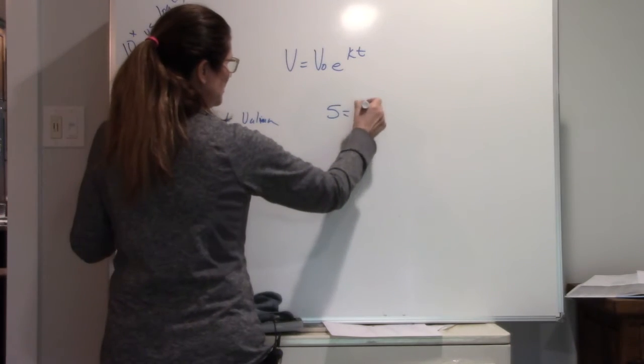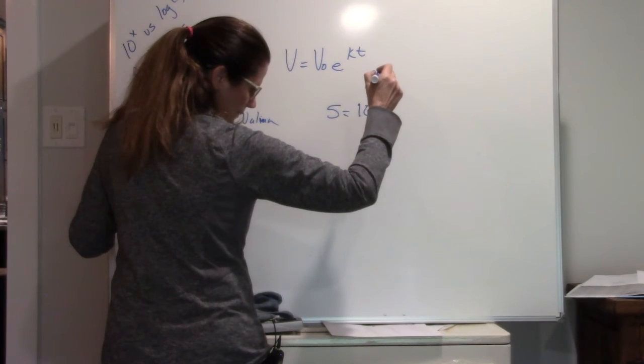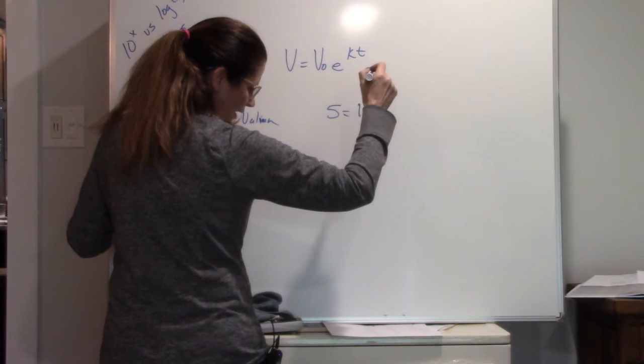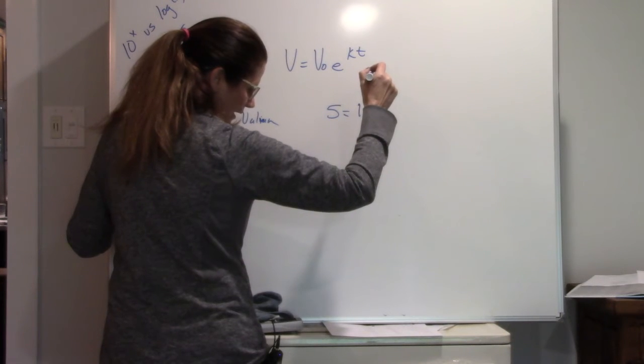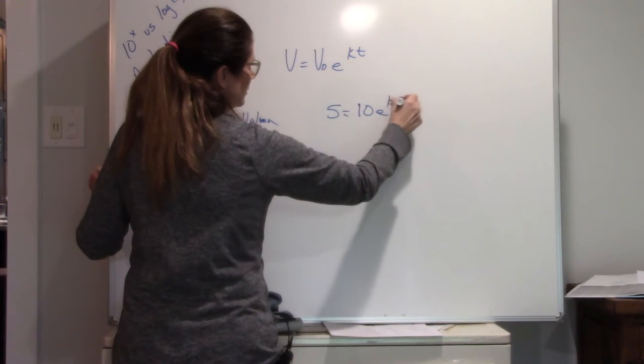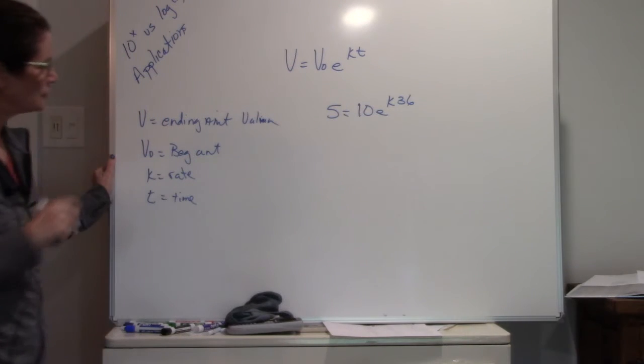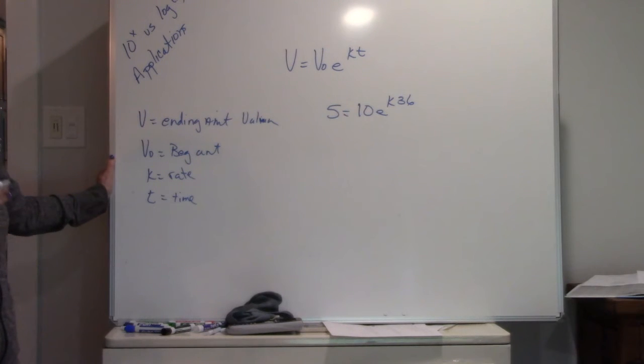We started with 10. We are looking for the rate of decay in 36 hours. Had to read it. Okay, so there's our problem. We started with 10 milligrams. After 36 hours, they checked again. It was down to 5 milligrams. So what is the rate of decay?